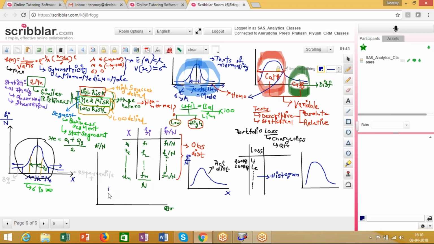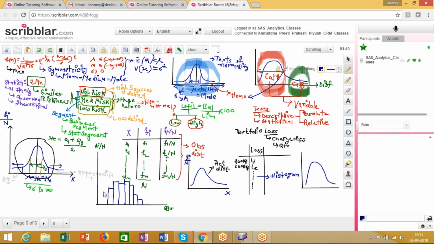So over here, I have a histogram like this, okay, showing me the loss rates which are there over here. On the y-axis, I have the loss rates and the frequency distribution. Over here, what I have is the behavior of the data, right? So this is how the histograms look like.